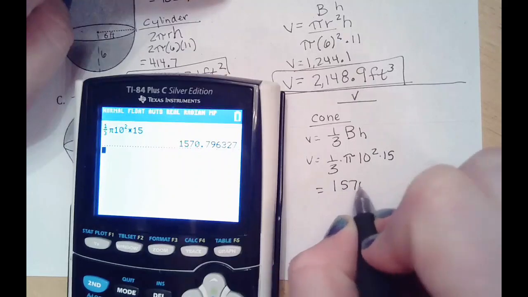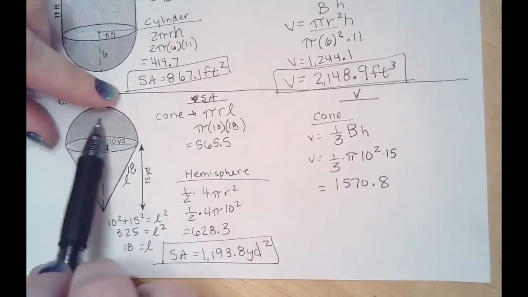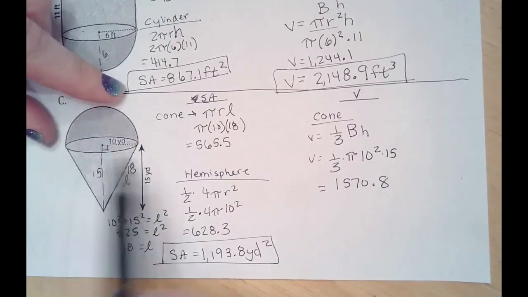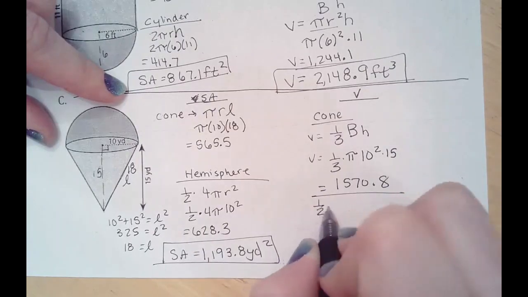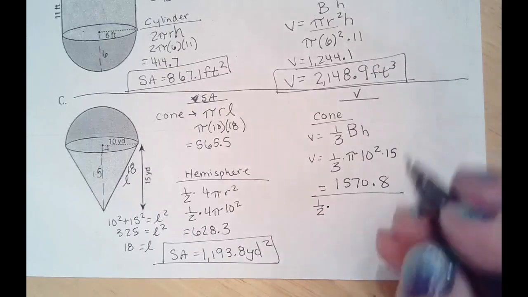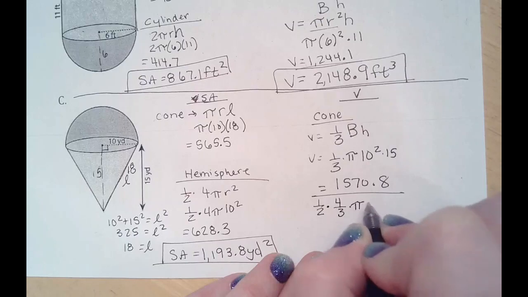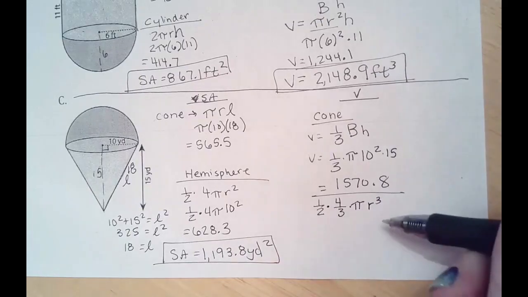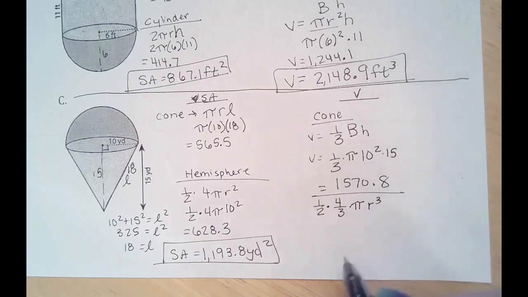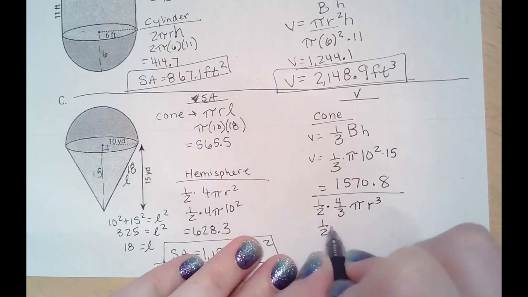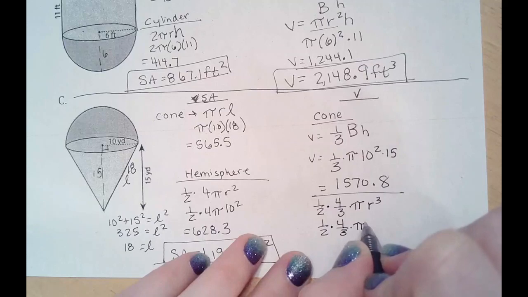Okay, lastly, we need to find our volume of half of the sphere, so our hemisphere again. So we're going to half the sphere volume formula. The sphere volume formula is 4/3 times pi r cubed, and you will be given this formula. You just have to be able to identify that this is the one to use. Plugging in for r, so I have 1/2 times 4/3 times pi times your radius, which is 10, cubed.